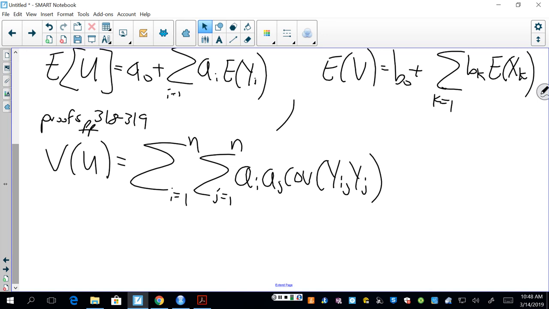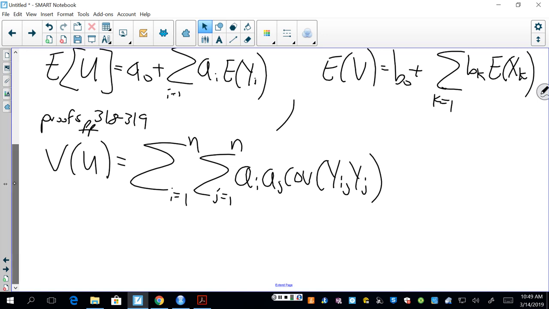When you square that out, you get all the YI times YJ combinations matching up at some point, and you expand it. And you keep YI minus its mean, YJ minus its mean, right, and then you get the covariance. But the extra term that's multiplying those, the AI continues through, and the AJ multiplier comes through, and so you get this weighted combination.